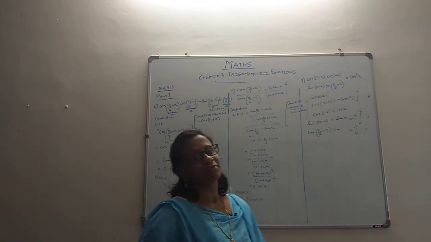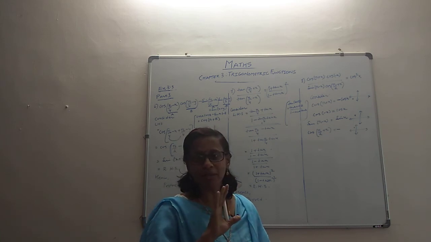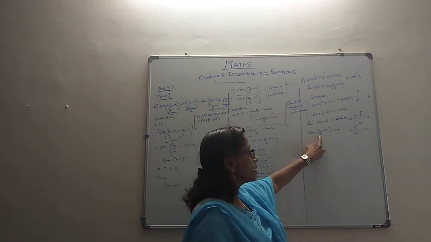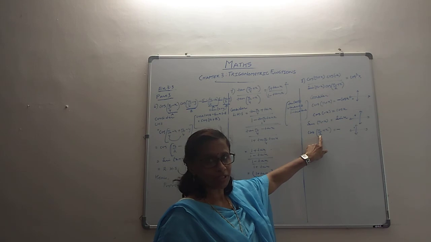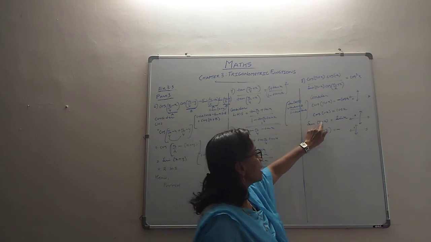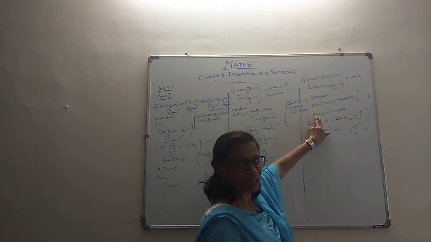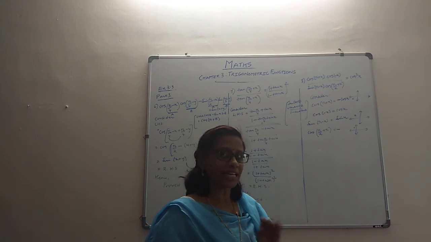Now we have to be a little careful. Pi and 2 pi are totally trouble-free. Your conversion becomes very easy. But whenever pi by 2 or 3 pi by 2 comes into the picture, you have to be careful about the conversion. Here, when we had pi, we just wrote the remaining value, sin x, and got the answer. Even if 2 pi is there, we can write it like that.